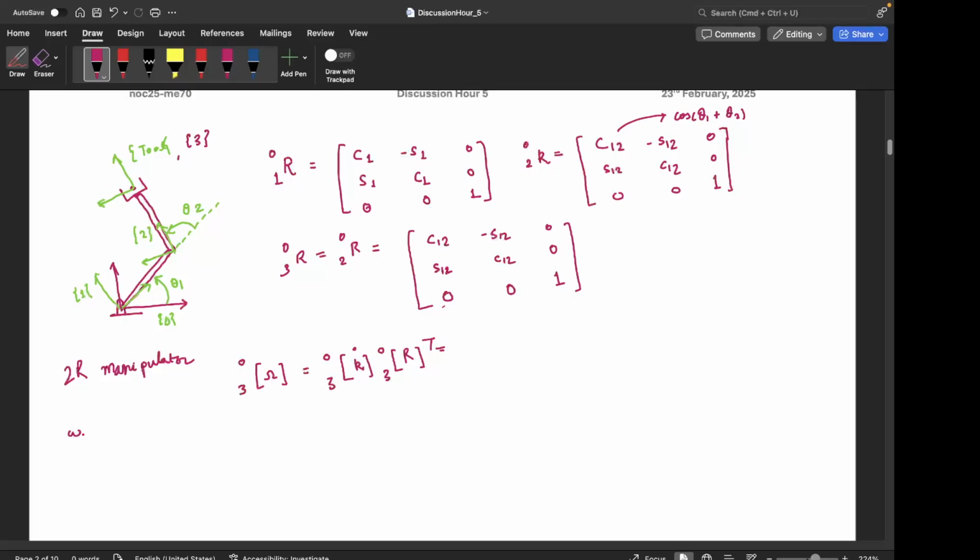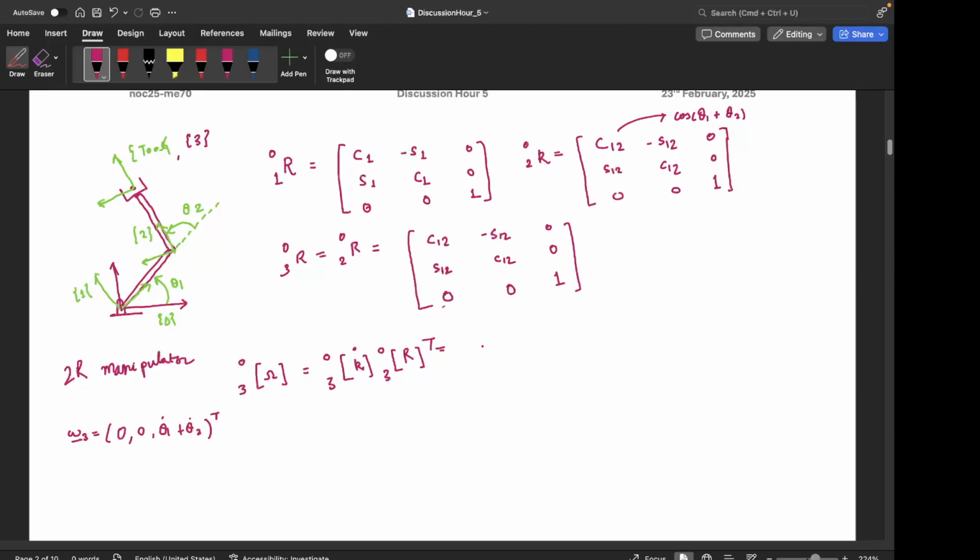Basically omega 3 is 0, 0 and theta 1 dot plus theta 2 dot. You can almost write this trivially, but it's good to know how, using the general formulation, we also arrive at this simple solution.